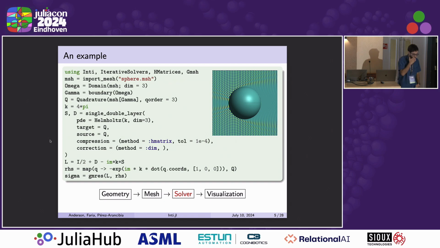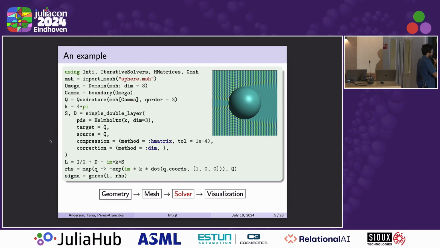So let me just go through an example of what the syntax looks like. The first line, I think, highlights composability. We're actually not going to code lots of the things here, like iterative solvers, or these H matrices, which are some sort of way of compressing some big dense matrices. There's the Gmsh.jl package that allows us to handle meshes and to visualize things.